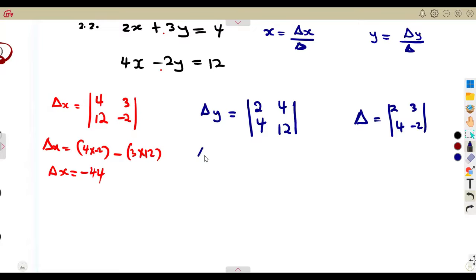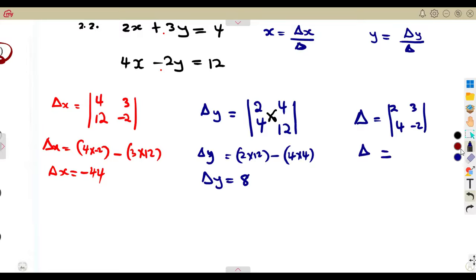For y, you do the same thing: what is in the major diagonal minus what is in the minor. 2 times 12 minus 4 times 4. That is 24 minus 16, which is 8. For the coefficients, the same thing again.